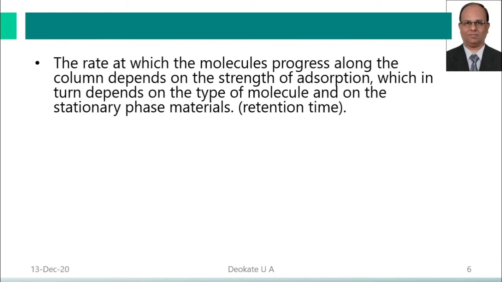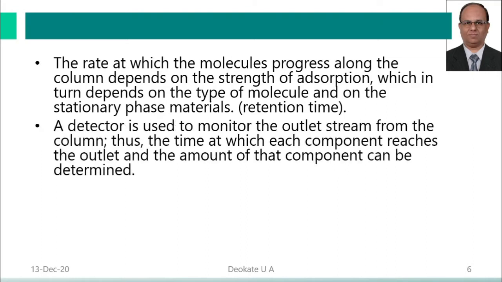The rate at which the molecules progress through the column depends upon the strength of adsorption, which in turn depends upon the type of molecule and on the stationary phase material; that is its retention time. A detector is used to monitor the outlet stream from the column.